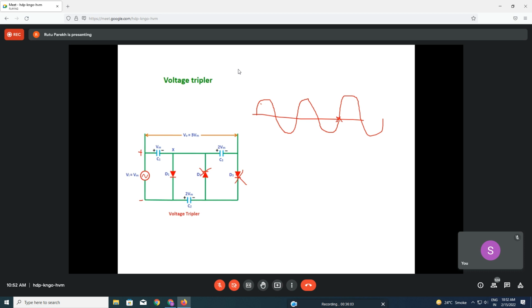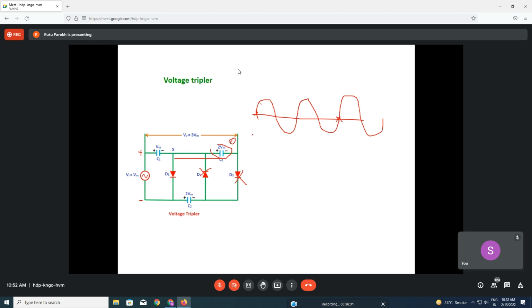So when you are here, if you put the polarity, this will be reverse biased, because this is plus and minus. This polarity. See, when you are at this stage, the zero is different. That is only for the first cycle.